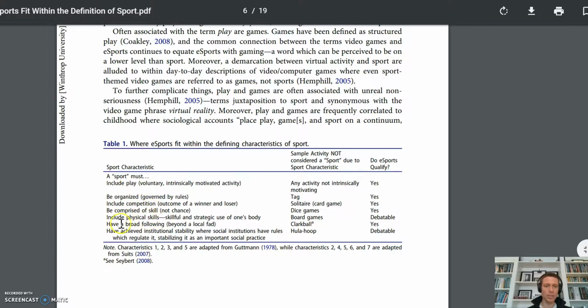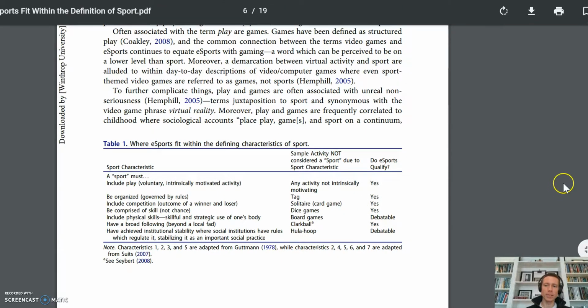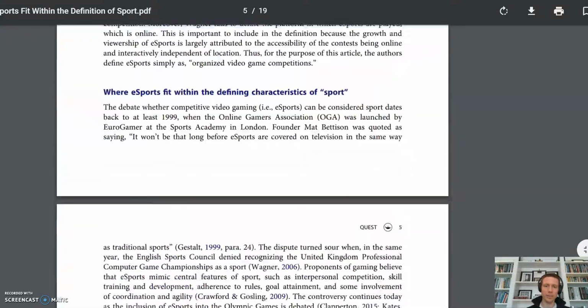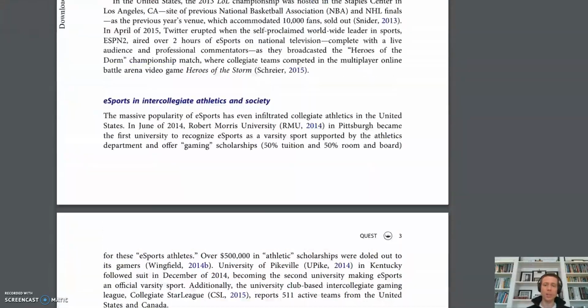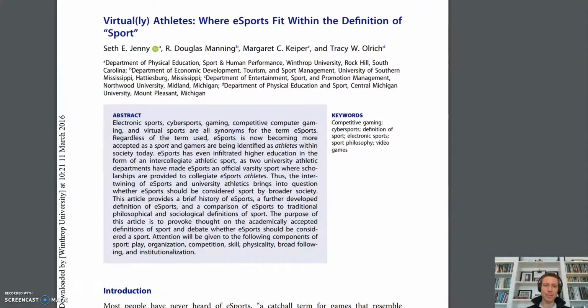The skill needs to be physical, needs to have a broad following, and needs to be institutionalized. Those components were all collected from two main definitions of sport, one from sport sociology, and the other one was from sport philosophy, and went through and discussed to what extent esports fits within the definition of sport for those 6 characteristics. That is a theoretical paper. We had no participants. We were theoretically analyzing a particular topic.